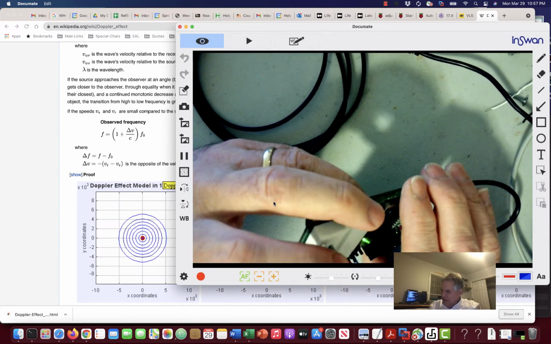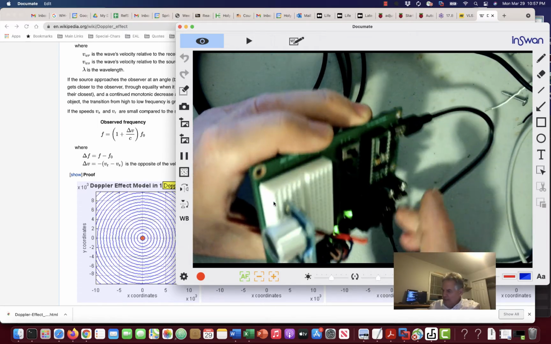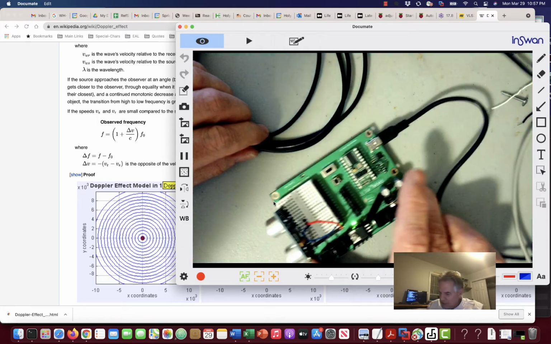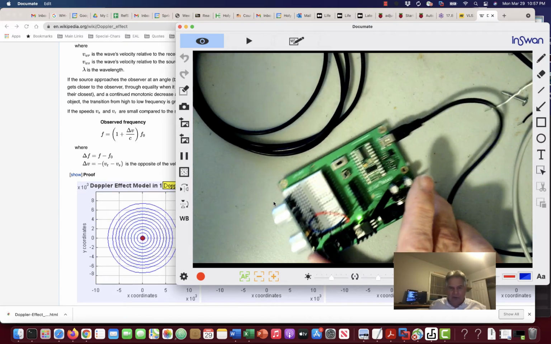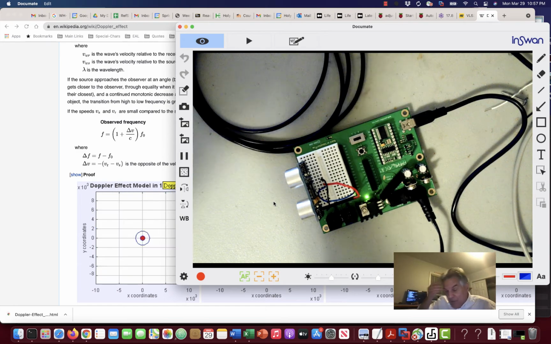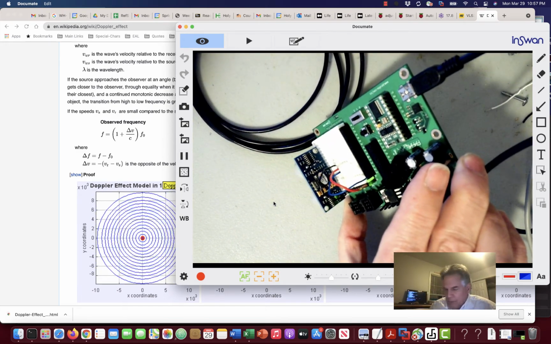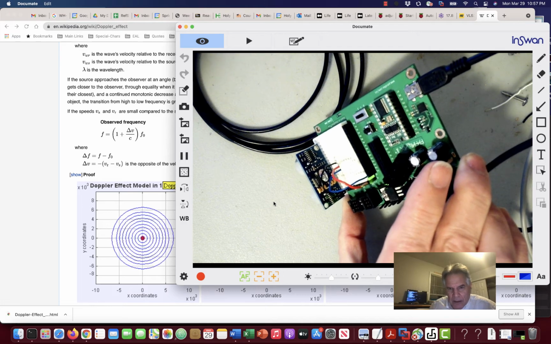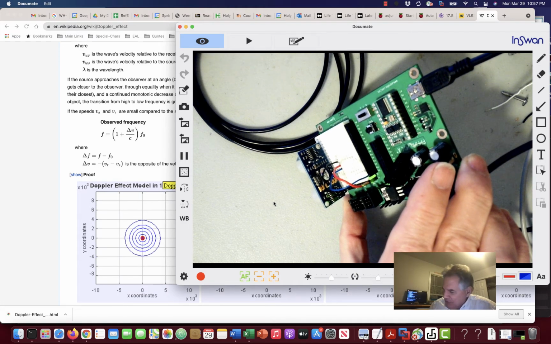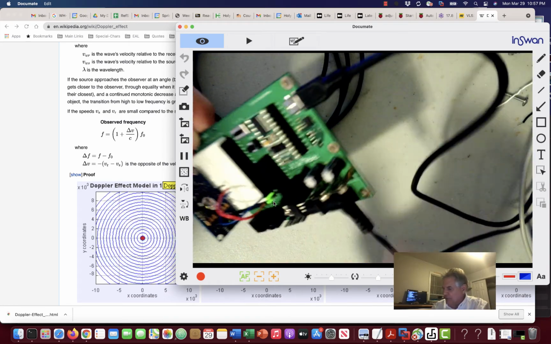You tell it to send out a pulse, and then you take that same wire and use it as an input to your microcontroller, and you wait for the return echo. These things have been favorites in robotics for object detection, be it obstacles or when you're actually looking for something.